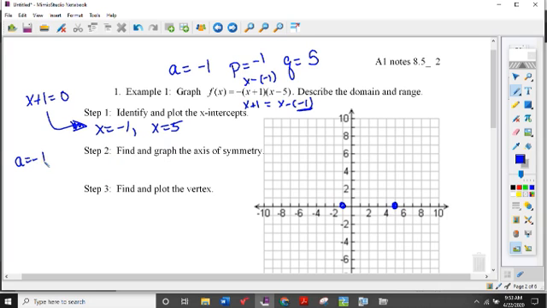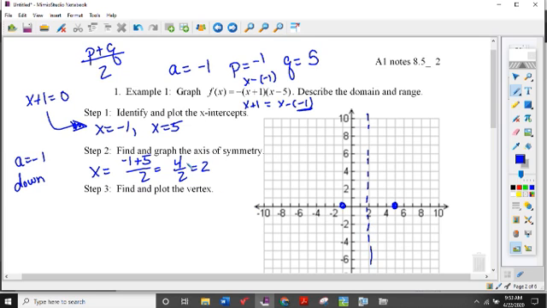Because a is negative, I know my graph opens down. Now I need to find the axis of symmetry, and I do that by adding the two x values together and dividing by 2. That gives me the average. So -1 plus 5 divided by 2, that's 4/2, which is 2. So my axis of symmetry is at x = 2.